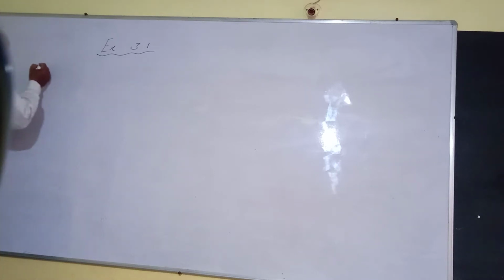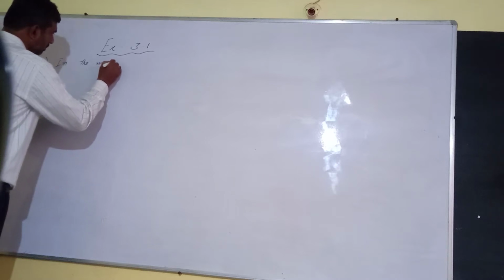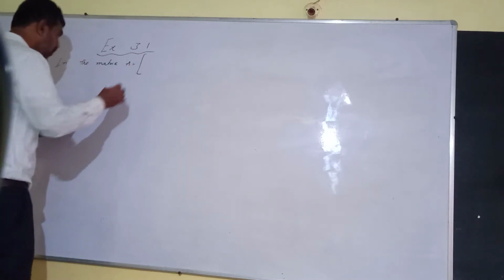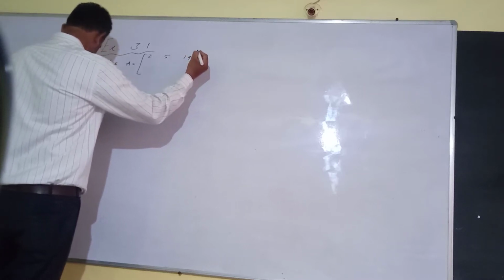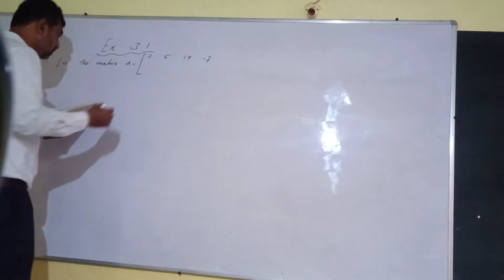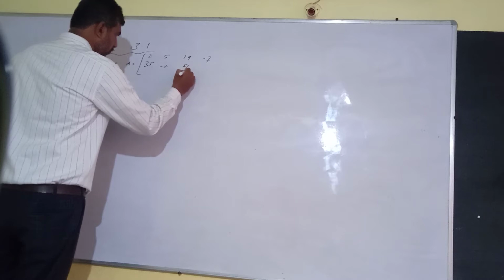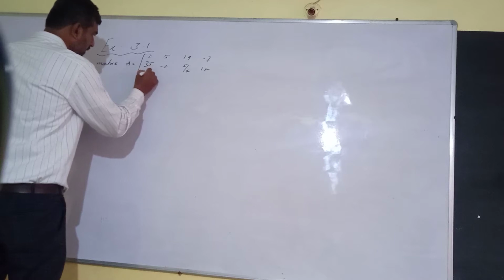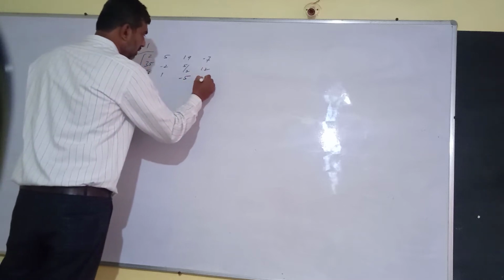In the matrix A, the rows are: 2, 5, 19, minus 7; 3, 5, minus 2, 5 by 2; 12, root 3, 1, minus 5, 17.